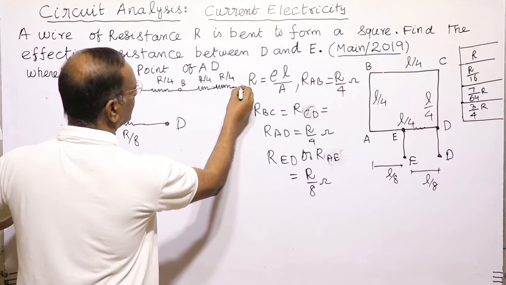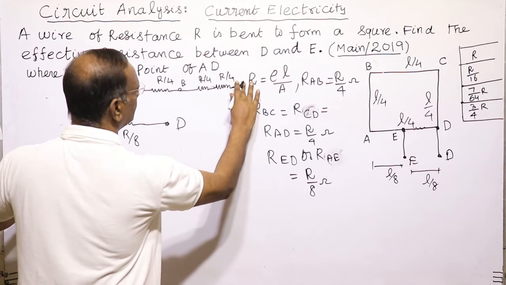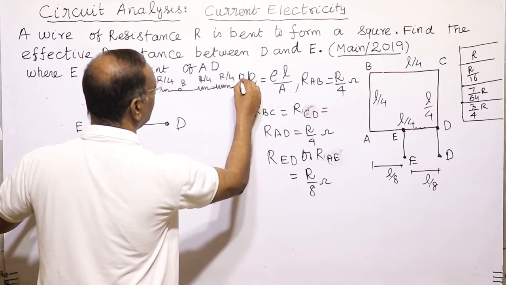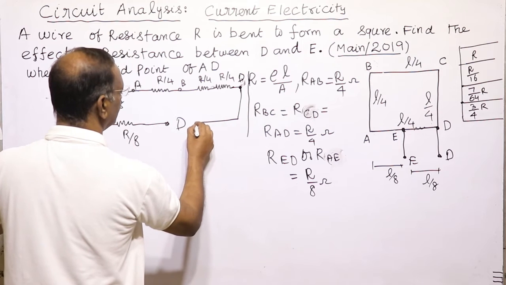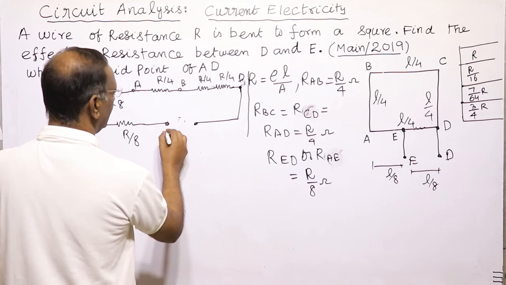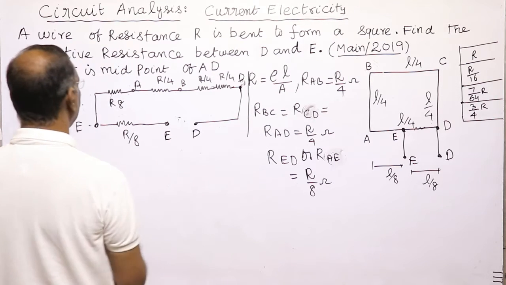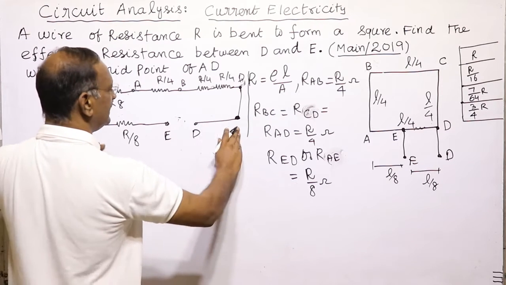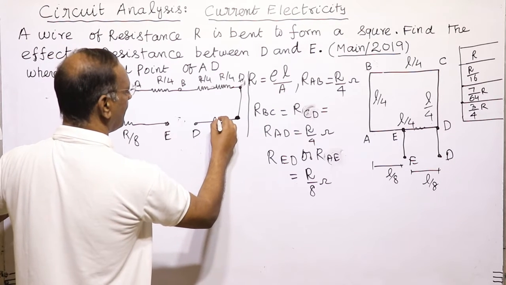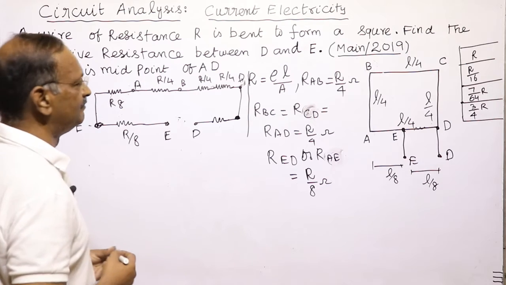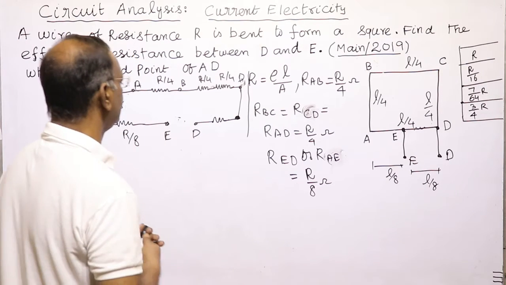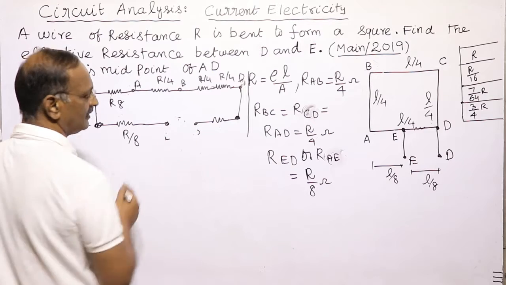The next point is D, which comes and joins here. So this is the point E and this is the point E. It means between D and E there is one resistor, so we will draw it like this.